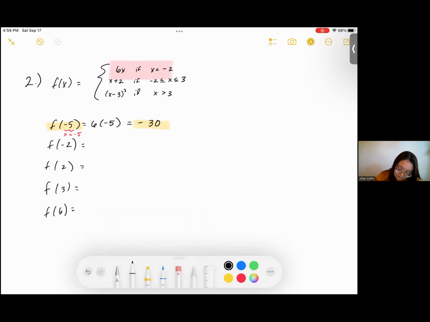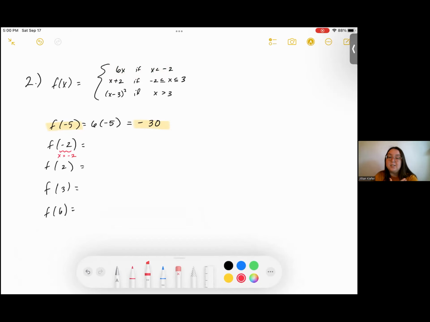All right, so on our next one here, f of -2, we want to do the same thing. f of -2 essentially means that x is -2. And if we look to our function here, we have 6x if x is less than -2.